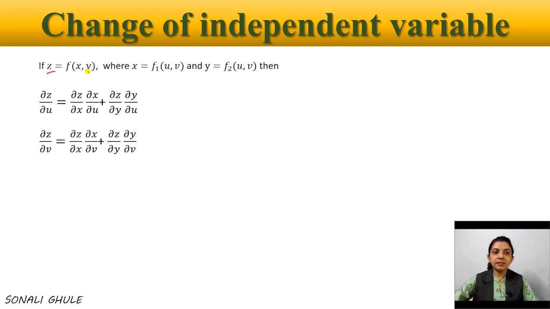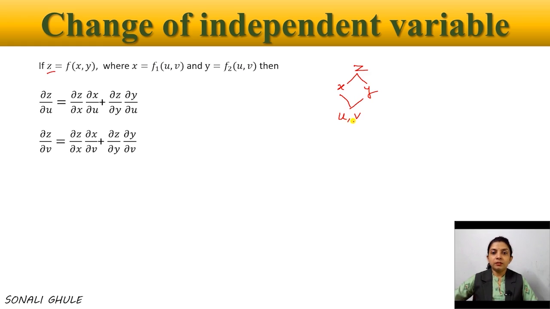Means z is a function of which two variables? x and y, where x is a function of u, v and y is also a function of u, v. Means your x and y are functions of u and v.